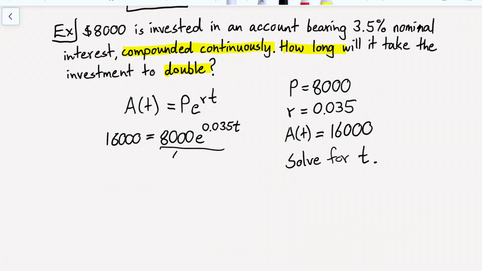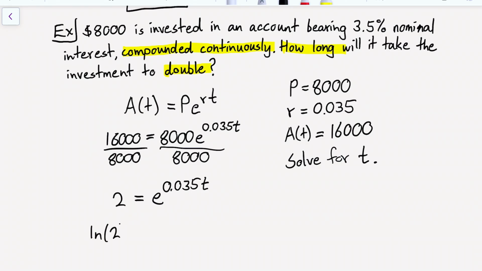Dividing by 8,000 would simplify this equation. I have 2 equals e to the power of 0.035t. And because this is an equality, and because of our one-to-one property of logarithms, let's apply natural log to both sides.